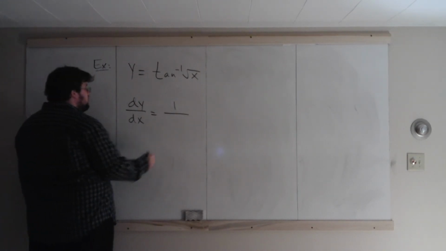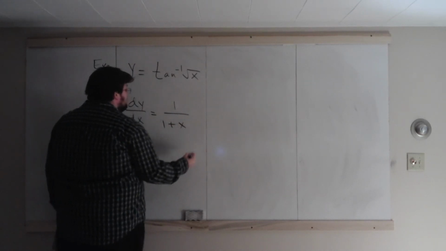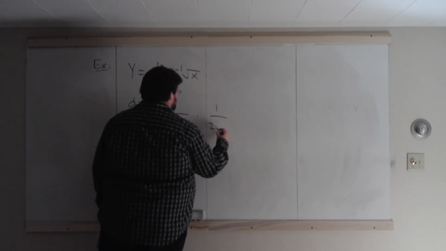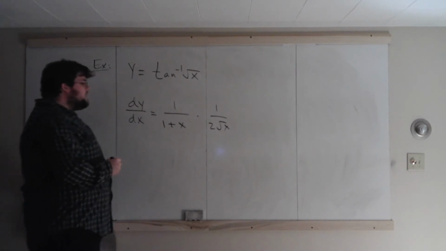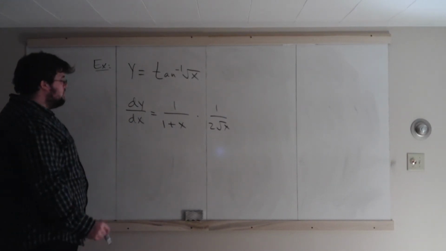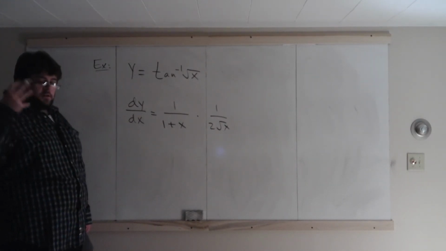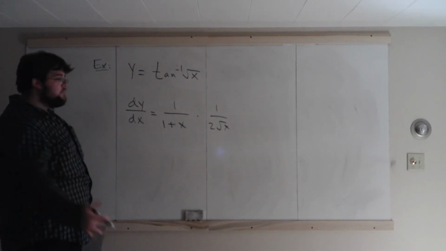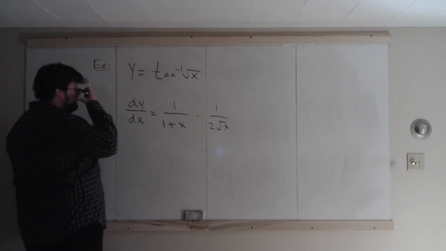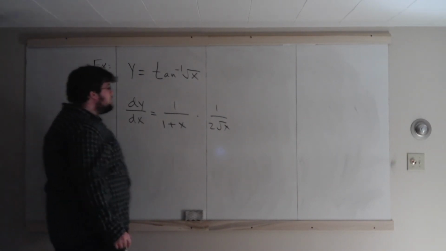This derivative is 1 over 1 plus x times 1 over 2 root x. Where did that come from? It might be a good idea to pause now and try to figure out where this came from. Where did it come from?